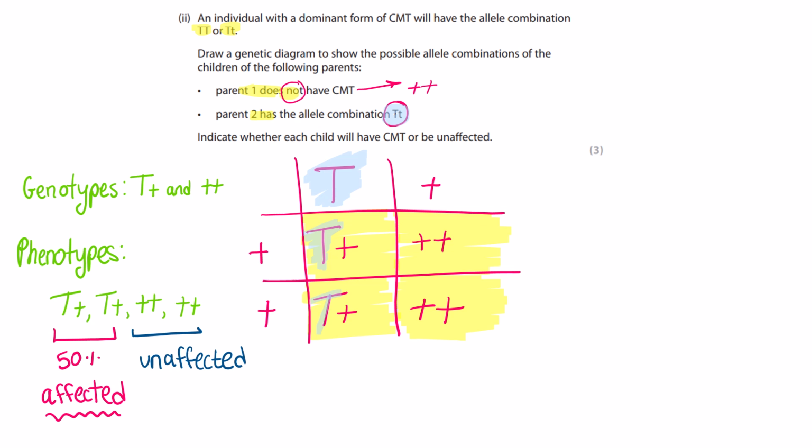Parent 2 has the allele combination capital T, lowercase t. So we have our genotypes over here, and then we draw our Punnett square, which is going to give us the possible phenotypes. So it's a 50% chance of having it, because the capital T is going to be affected. So it's 50% chance affected, 50% chance unaffected.